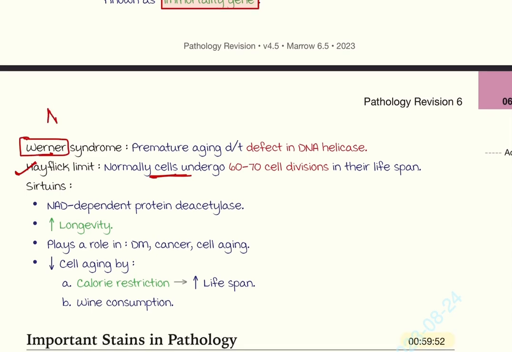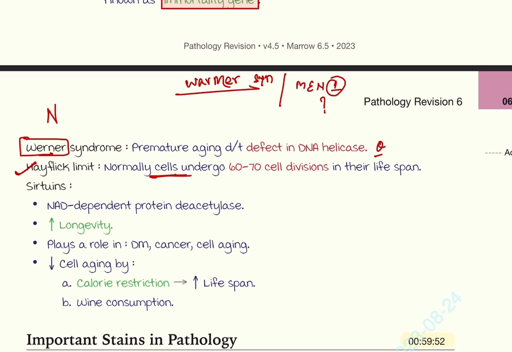Werner syndrome, okay, that is premature aging due to defect in DNA helicase. What is Werner syndrome? Werner is basically another name of the main one syndrome.